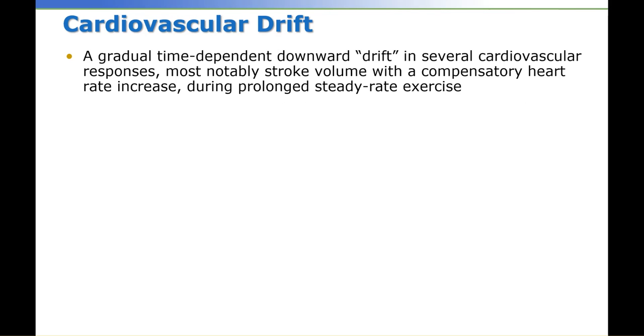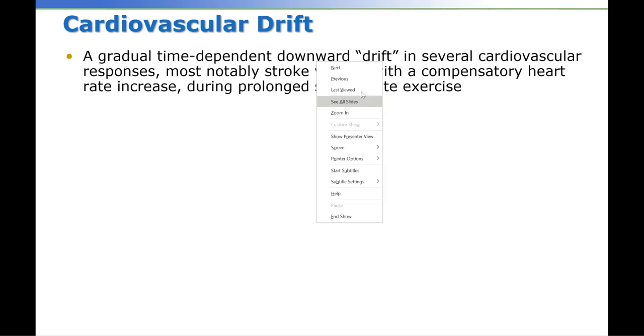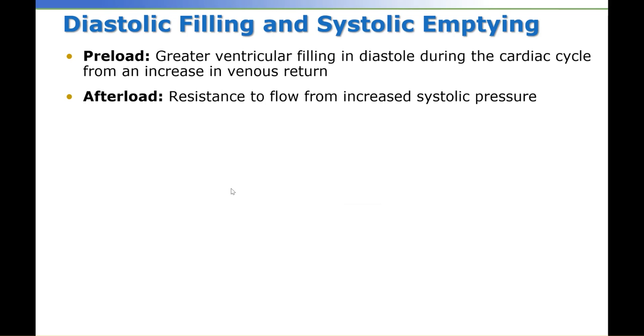In regards to this, there was something called the Frank-Starling law of the heart. It was believed that enhanced venous return caused greater cardiac filling, which stretched the ventricles in diastole and produced a more forceful ejection.